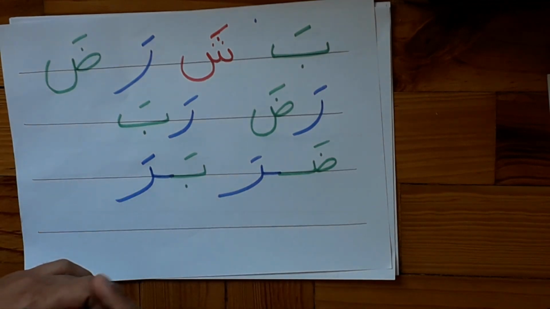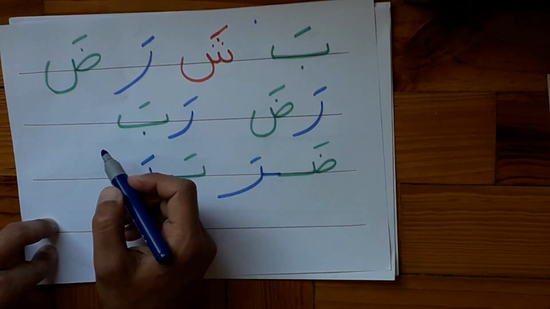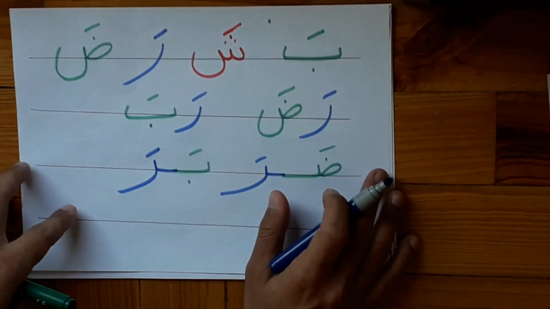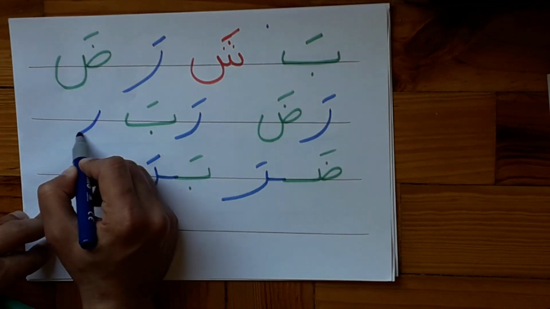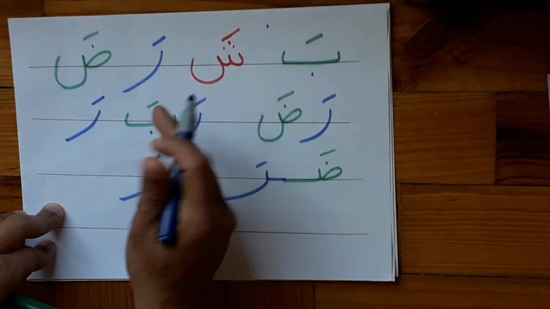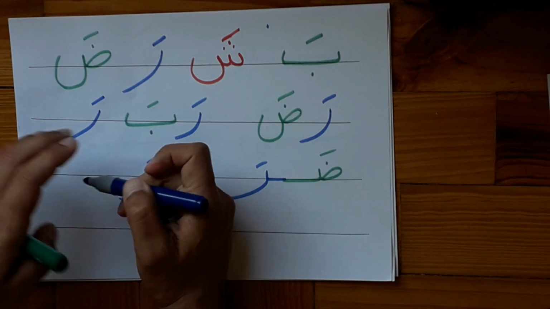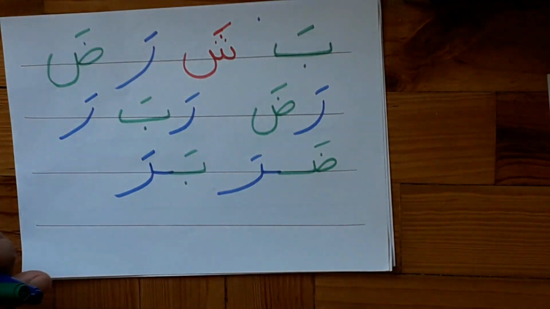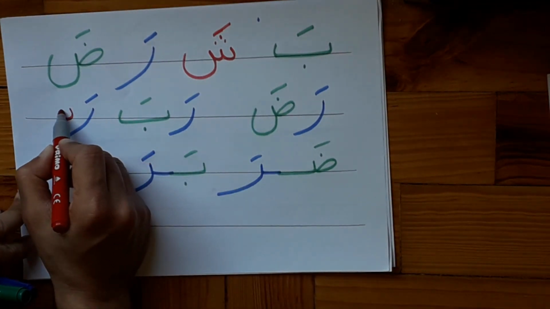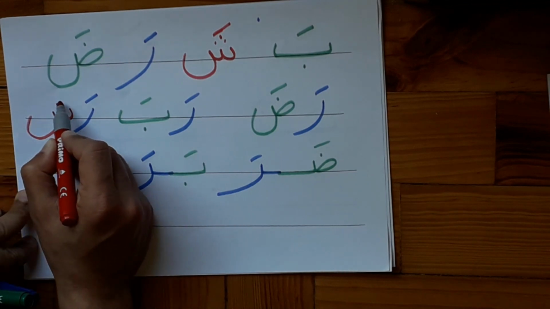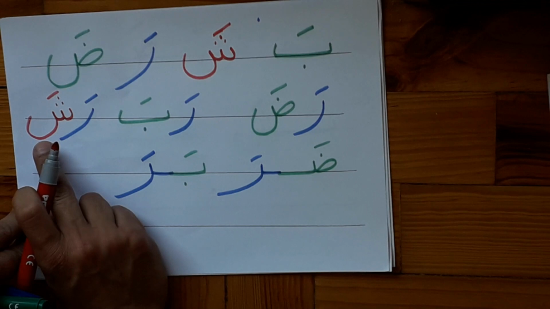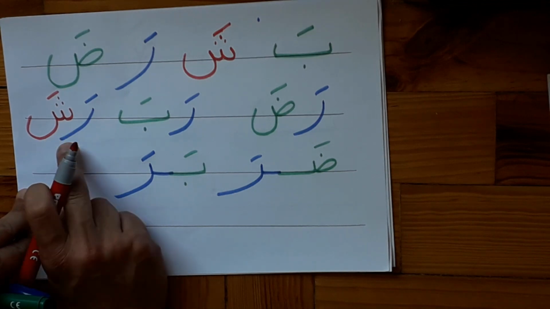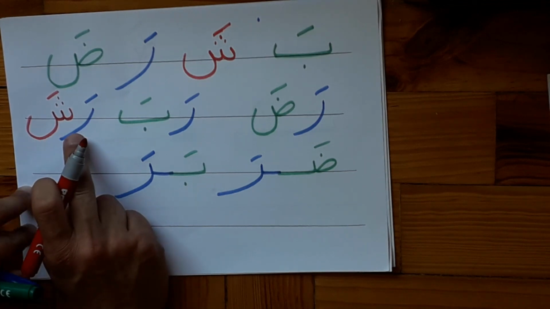Let's add one more word, the last one. Oh, it's a lot of words here. Ra, and let's add sha. Sha, ra, sha, rasha, ra, sha, rasha.